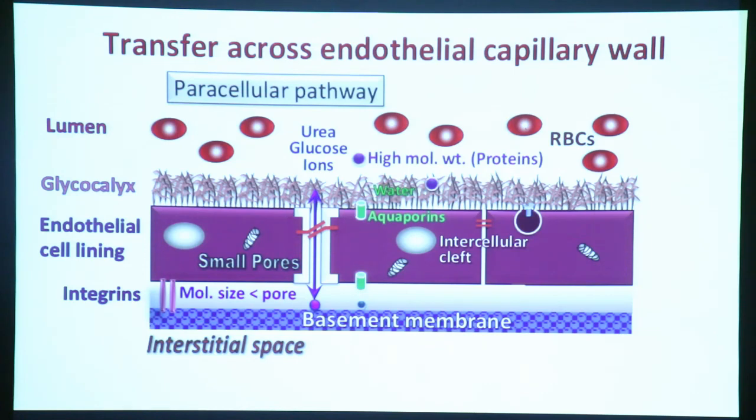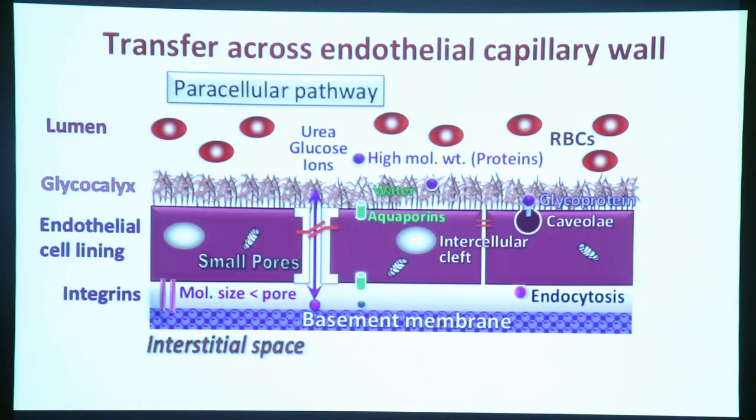What is the mechanism available? A part of the glycocalyx, a glycoprotein, has a receptor to which the protein binds. These are high molecular weight proteins, and by the process of endocytosis they get delivered into the interstitial space.